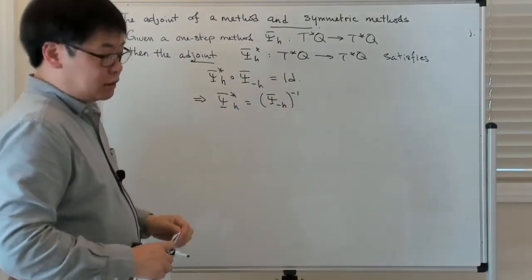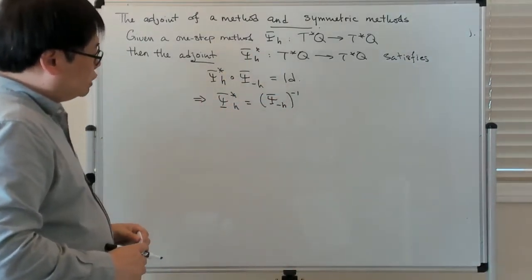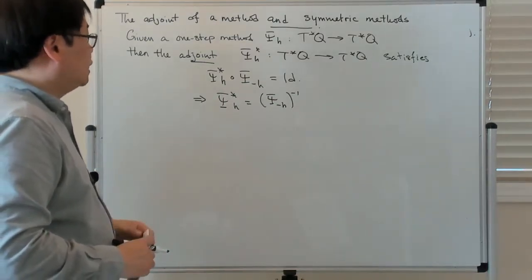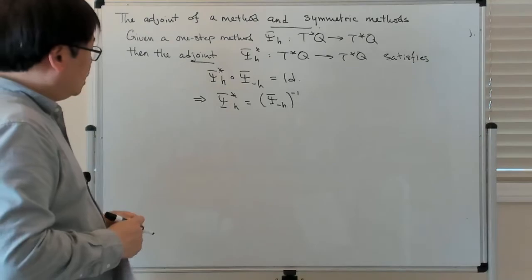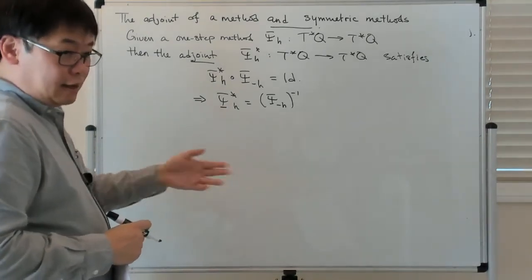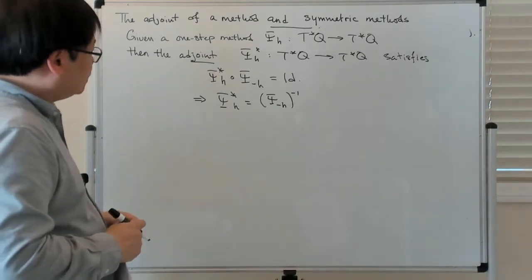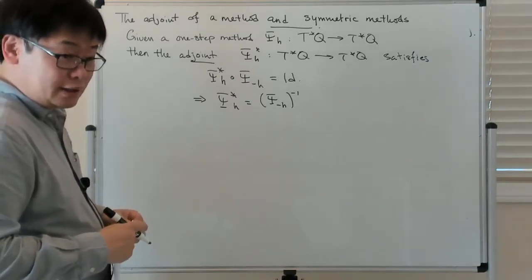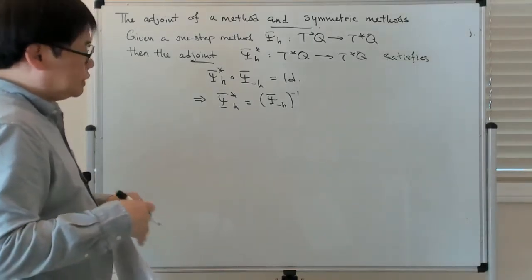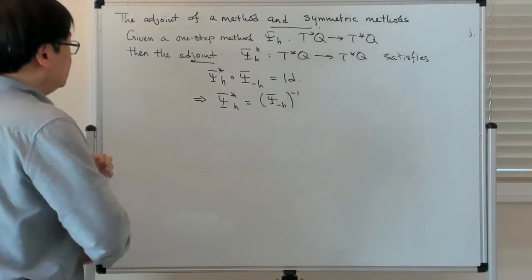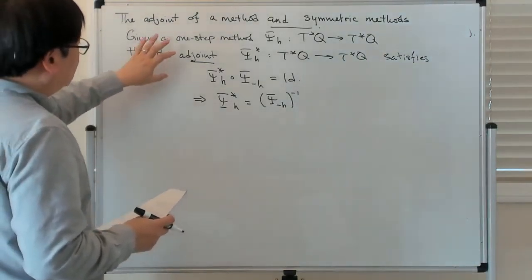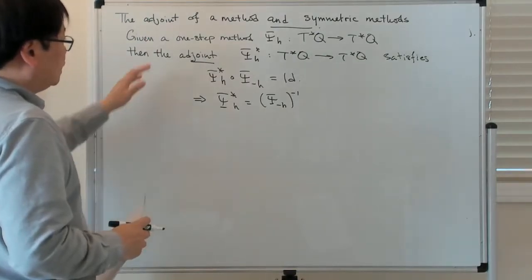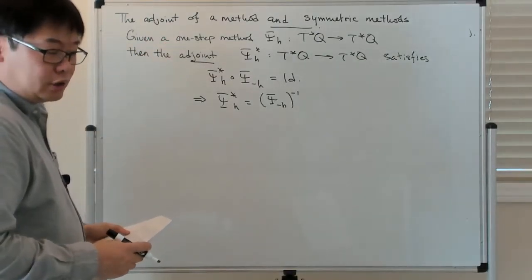And what happens is that if that one-step method turned out to be the exact flow map, then the adjoint of the exact flow map is itself. So the exact flow map is what is called self-adjoint because it is its own adjoint. That's a brief reminder of what it means to have the adjoint of a given one-step method.